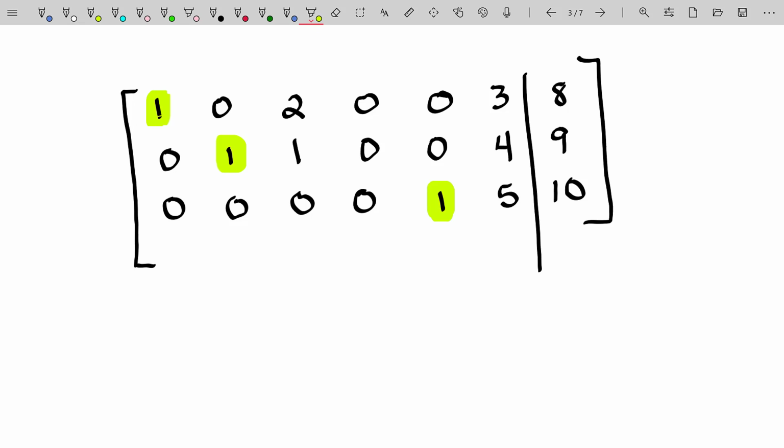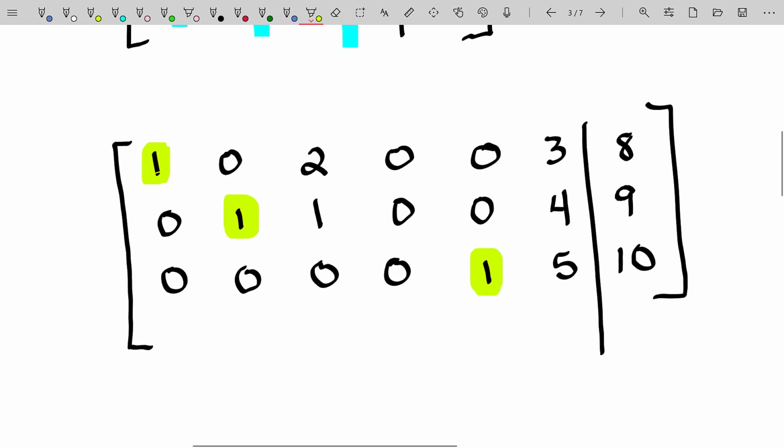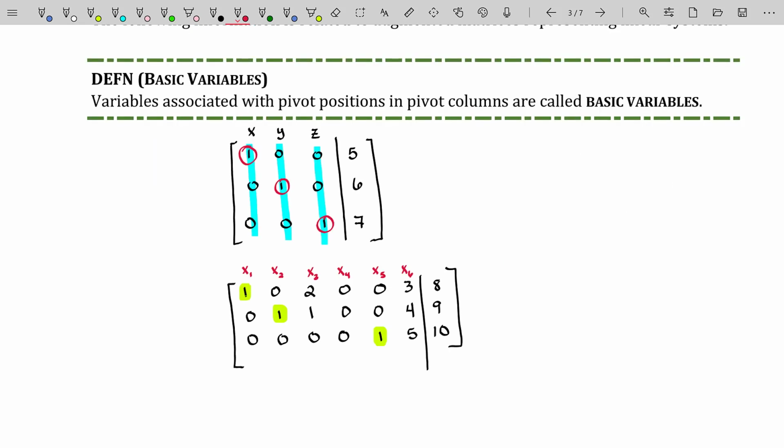However, not all the variables in the associated linear system are called basic variables. Let's make our lives a little bit easier here and just say the variable associated with the first column is x sub 1, the variable associated with the second column is x sub 2, and so on and so forth down the line. If we refer back to the definition, variables associated with pivot positions in pivot columns are called basic variables.